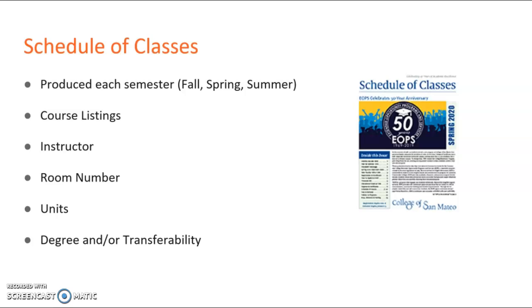So in the class schedule, sometimes you'll see in the printed version there will be features and stories and updates on the college, but primarily it offers the course listings for that semester, the instructor who's teaching it, the room number, the number of units that the course is, the days of the week it meets, the times that it meets, the degree or transferability as well.